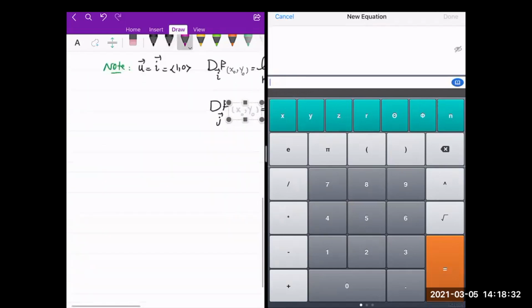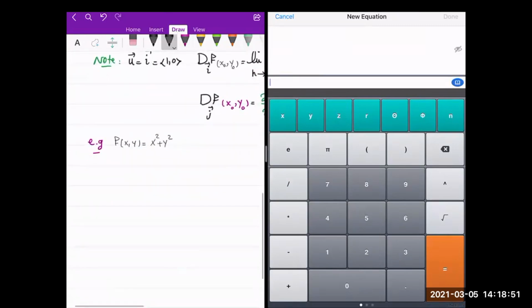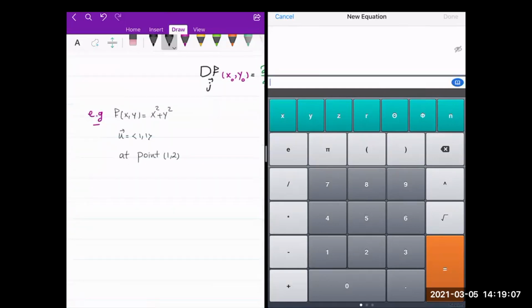So I give you just as an example, just a geometric example. f of x and y is x squared plus y squared, and u is, for example, (1, 1) at the point (1, 2).